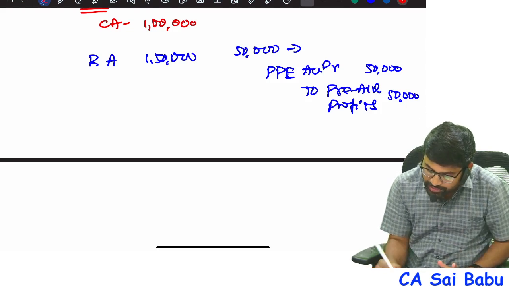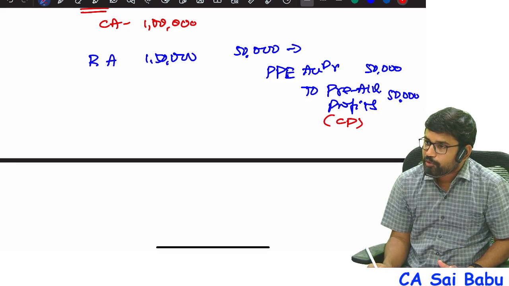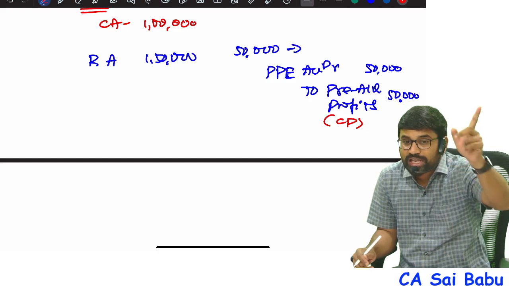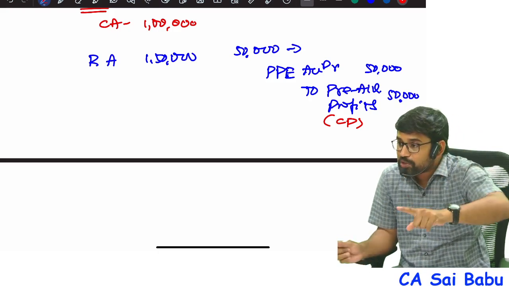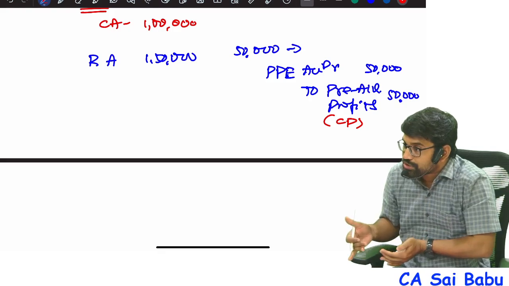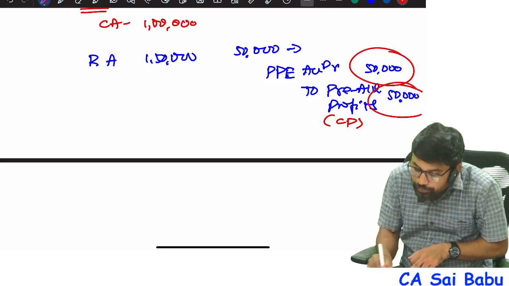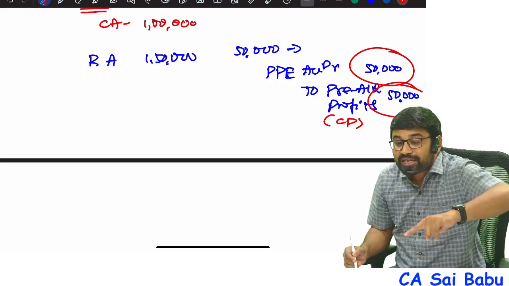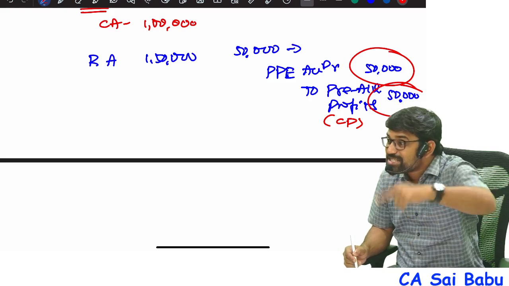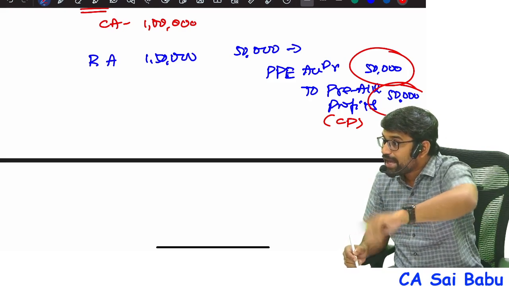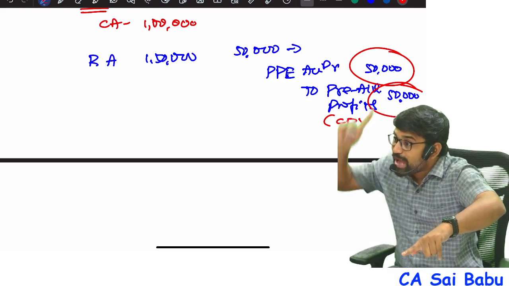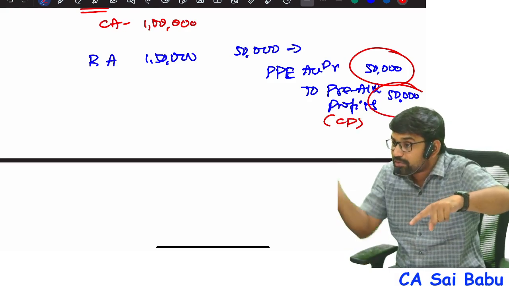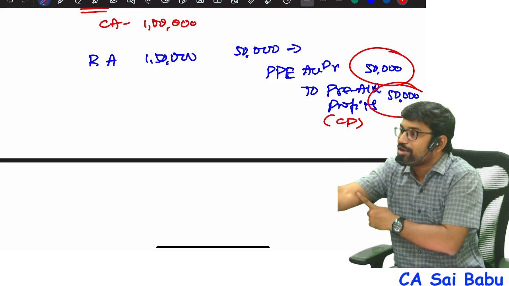And these pre-acquisition profits are nothing but which profits? Capital profits. And you know what to do. In step number 3, you analyze pre and post. Once you analyze pre and post, in step number 4, you need to apportion. That means this profit is also apportioned between the parent and minority interest. The parent company's share in the pre-acquisition profits is adjusted to cost of investment. The parent company's share in the post-acquisition profits will be added to consolidated reserves. Minority shareholders' share in the pre and post-acquisition profits of the subsidiary will be added to minority interest.